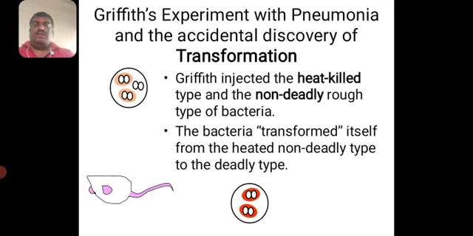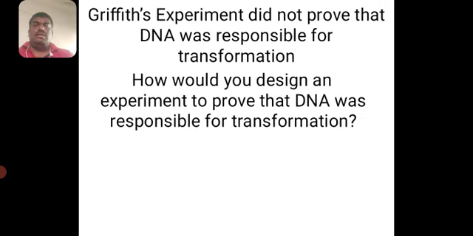Some transforming principle was there, because of which the heat killed smooth strain became deadly. That transforming principle or particle was studied by Griffith, and the Griffith experiment did not prove that DNA was responsible for the transformation.